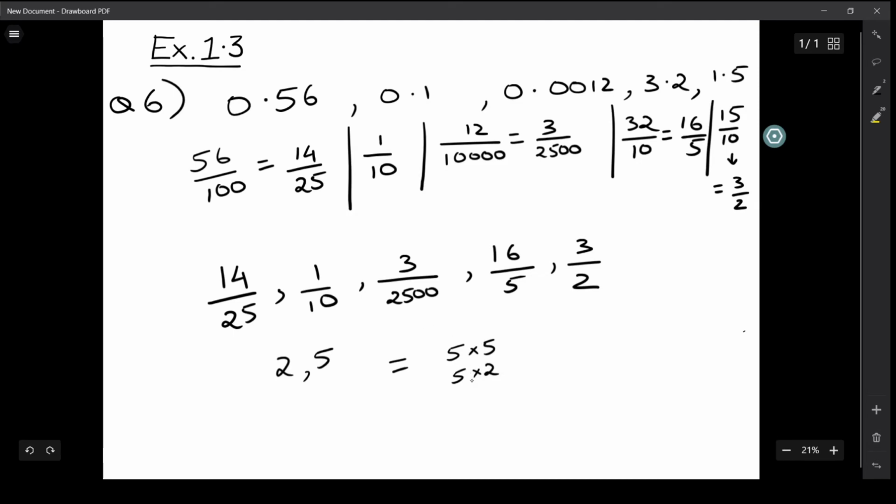The second one is 5 into 2. Third one is 5 into 5 into 5 into 5 into 2 into 2. Next one's 5, next one's 2. So as long as the denominator is a multiple of 5 and 2's, or some combination of it when we're multiplying it, the entire fraction will always be terminating. And you can check it in other examples as well, not just the ones I have taken.